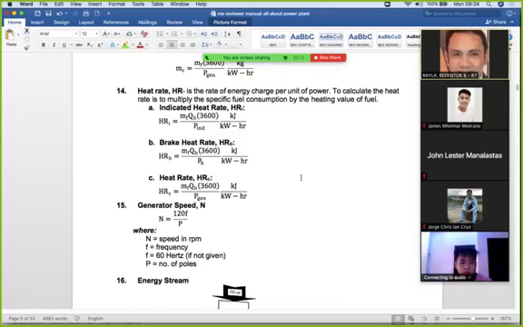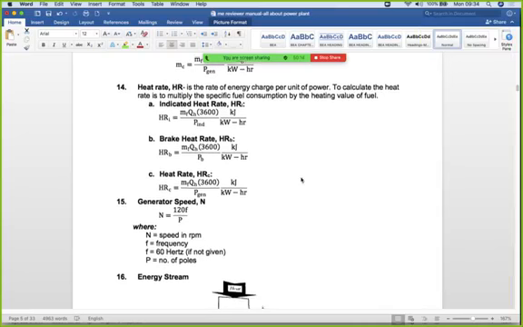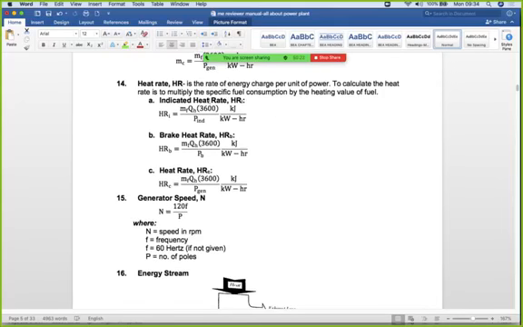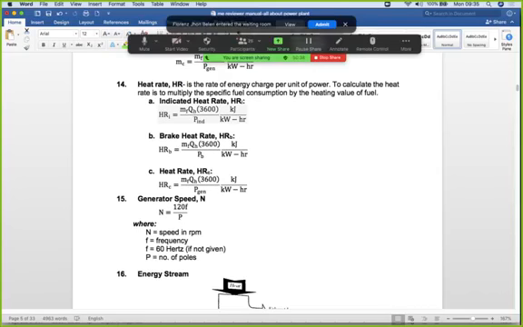But we will also be asked sometimes what is the plant heat rate. If we talk about plant heat rate, that is kilojoules per kilowatt hour. What is added here in the mass of fuel is just the heat supplied, because there is a heat during the process of isentropic.